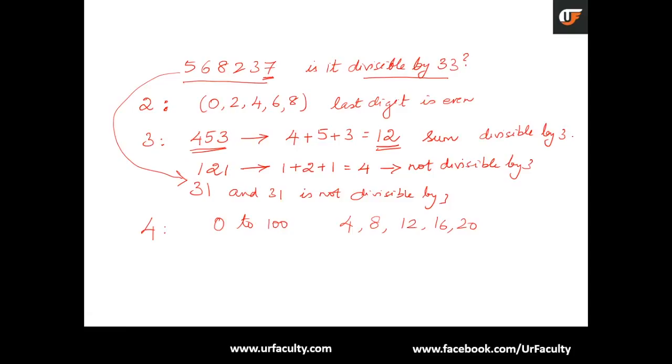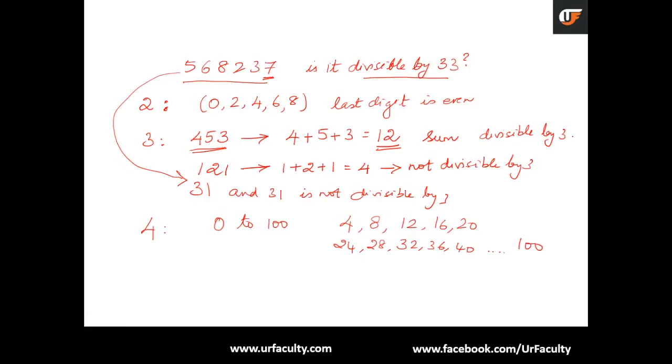After that it is again cyclic, right? 24, 28, 32, 36, 40. It goes on, and after that it reaches 100. Then it's again 104, 108, 112, 116, 120. So there is a cyclic concept here.